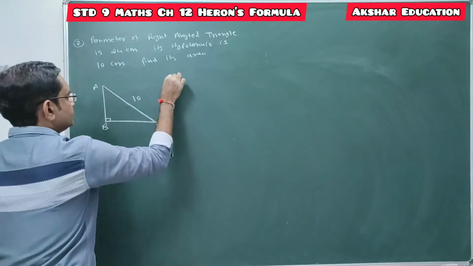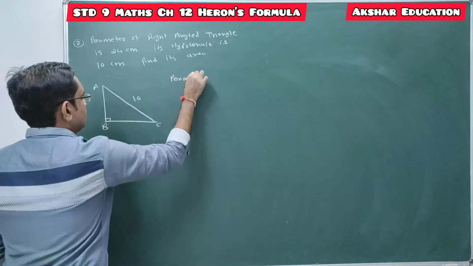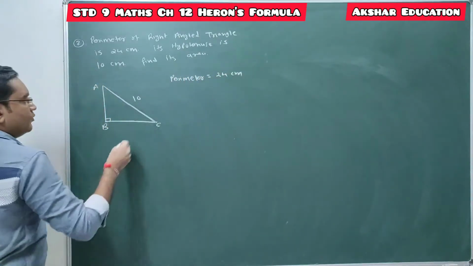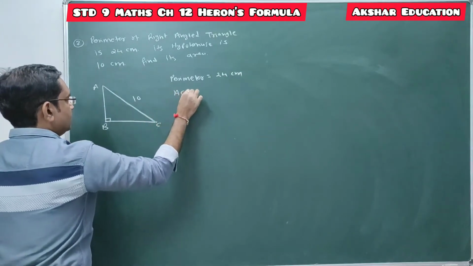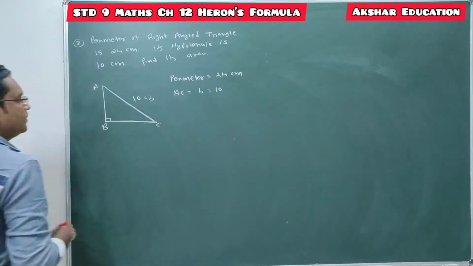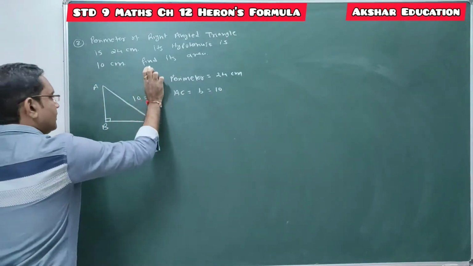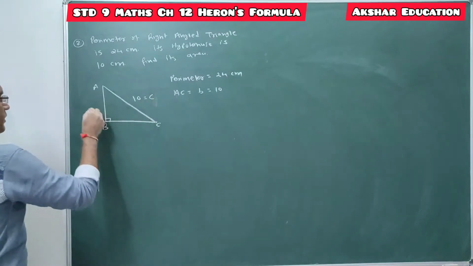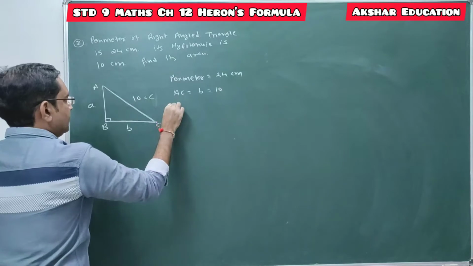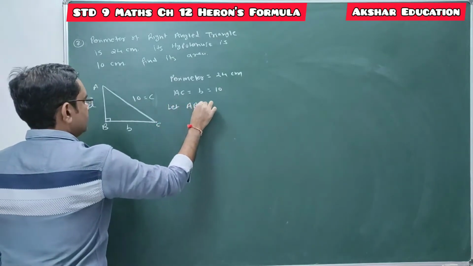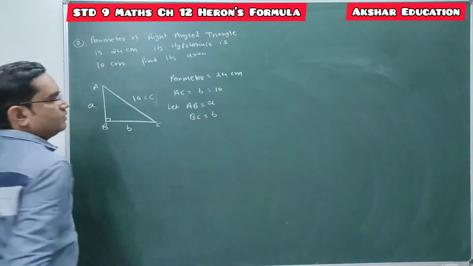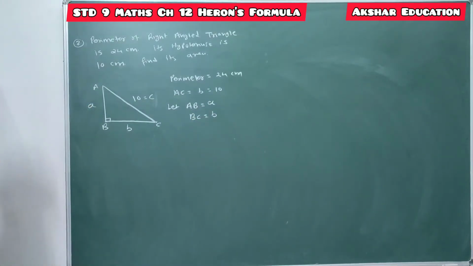So given the perimeter of this right angle triangle is 24 centimeter and the length of the hypotenuse, which is AC, is equal to 10. Let us take AB as small a and BC as small b. Clear? This is our assumption.